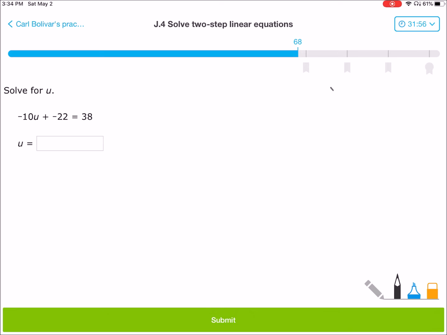So first, let's rewrite the problem. So negative 10u plus minus 22 is equal to 38. Now notice how I emphasize that plus and that minus.